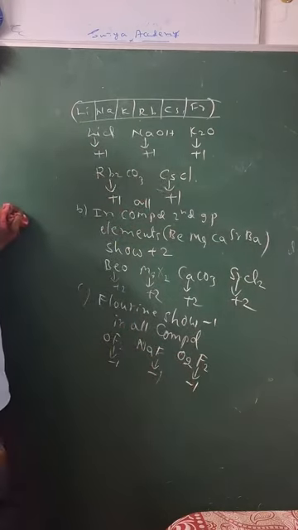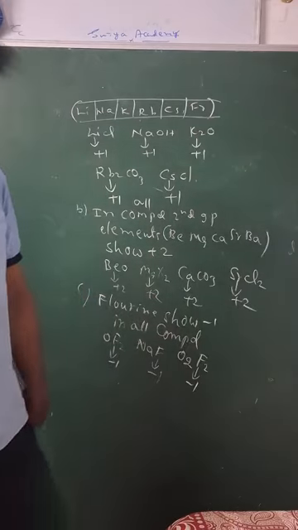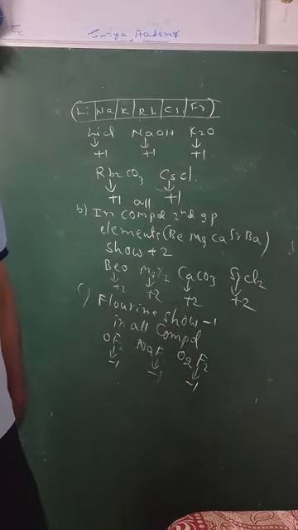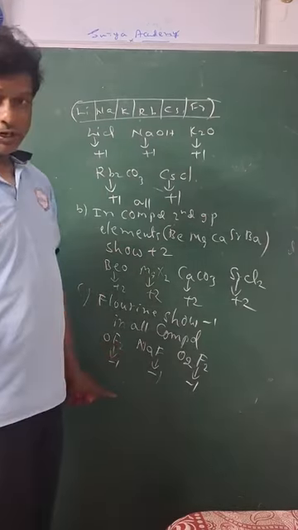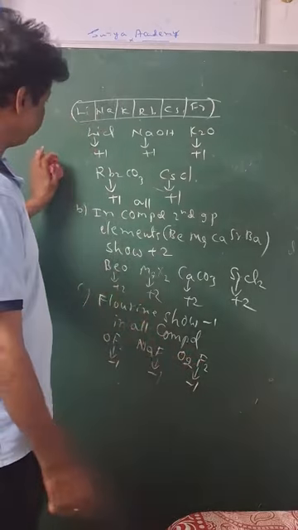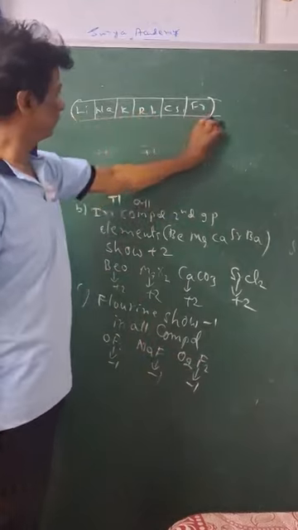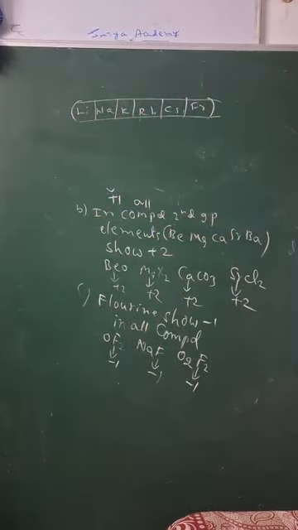In OF2, take it for one atom. Oxidation state is for one atom. Fluorine shows minus 1.